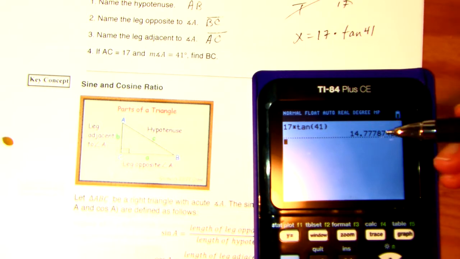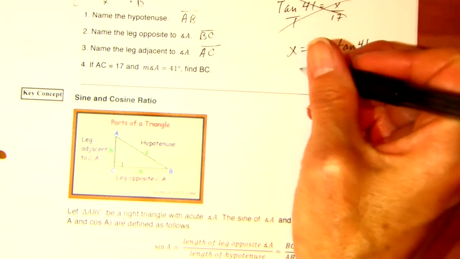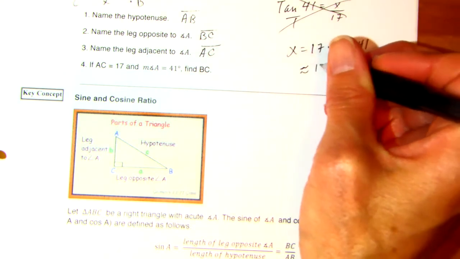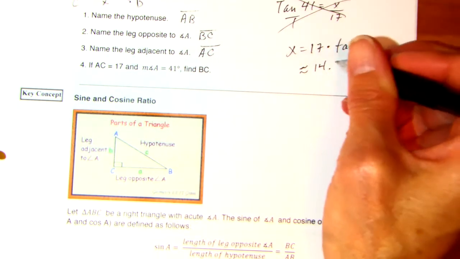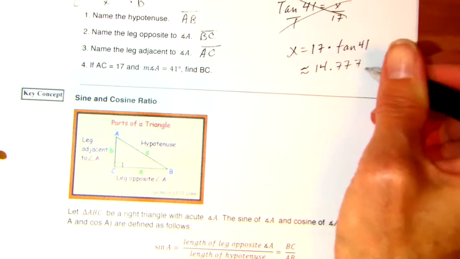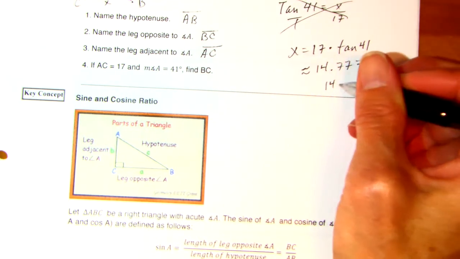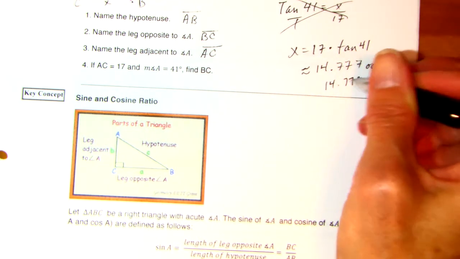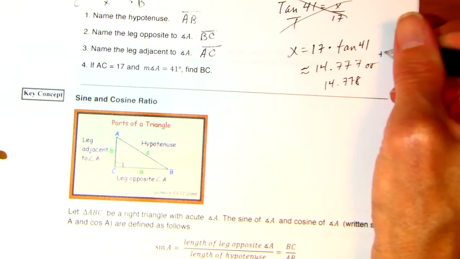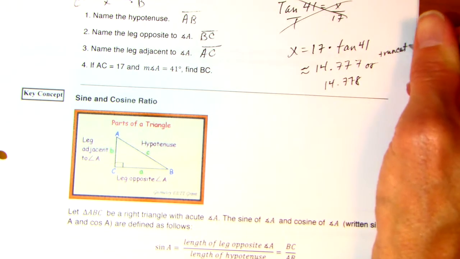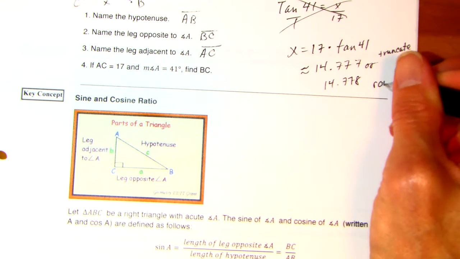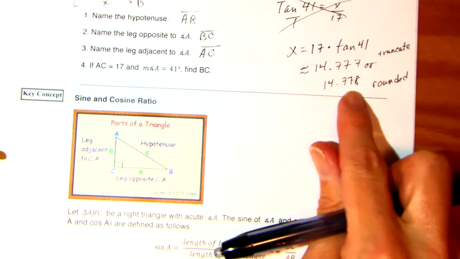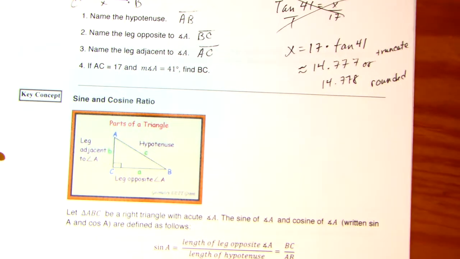You can truncate it, meaning put 14.777, or round it. This last 7 will become an 8. So it's your choice. 14.777 or 14.778. So this one's truncated, if you're ever wondering what that means, and this is rounded. This is what you've been taught over and over and over. So the AP, they let you do that.